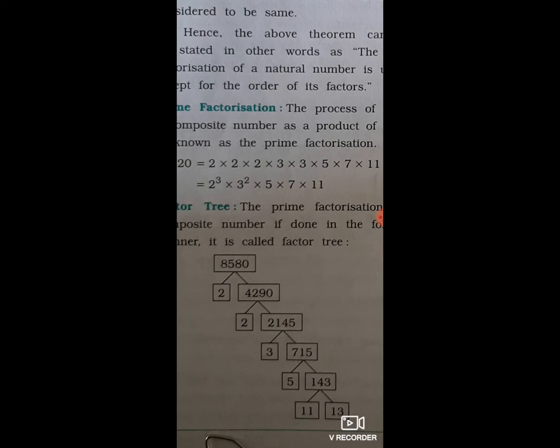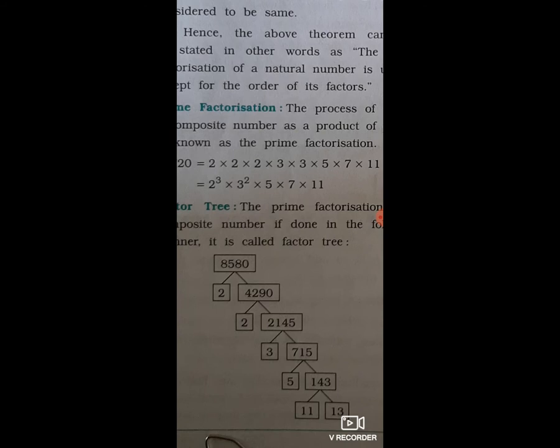First, 2 multiplied by 4,290. Here, 4,290 is a composite number. Again factorize: 2 times 2,145. 2,145 is again factorized. Therefore, we get 3 times 715.